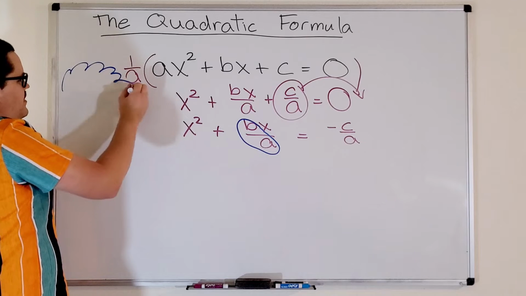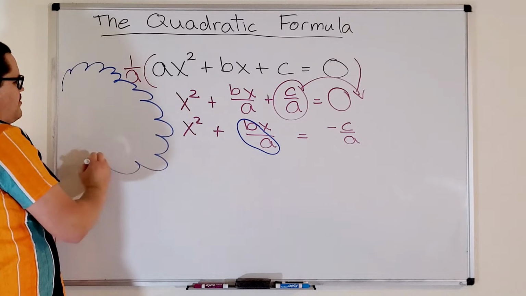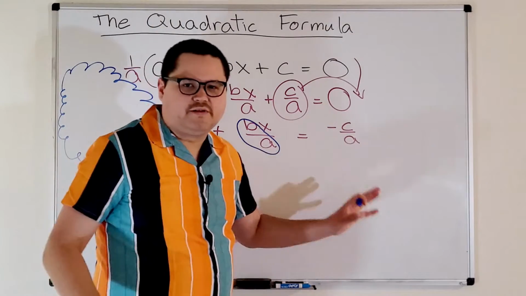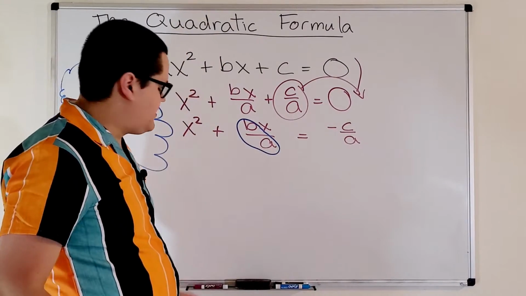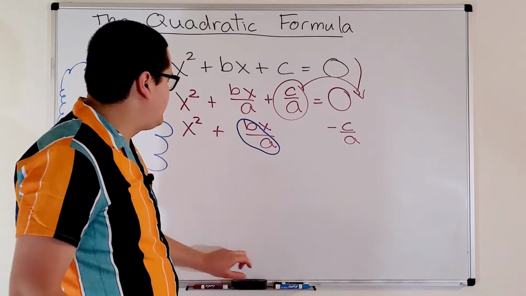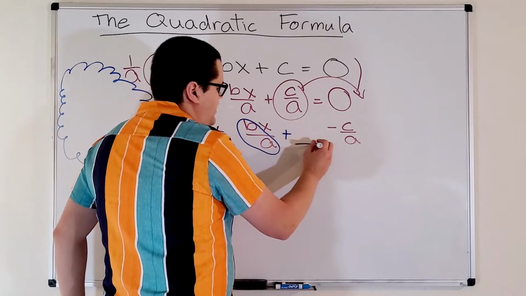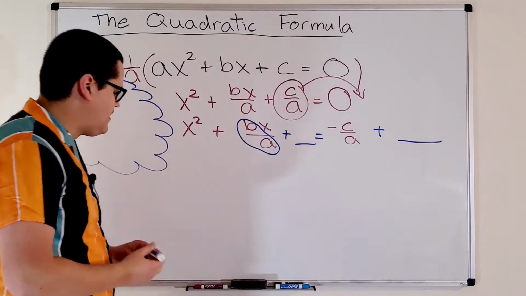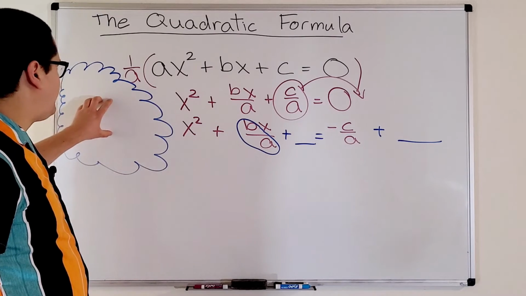We'll draw our thoughts over here. And I'm also going to put a plus blank on both sides of the equation, because the goal, of course, is to fill in that blank. Plus blank equals negative c over a plus blank.